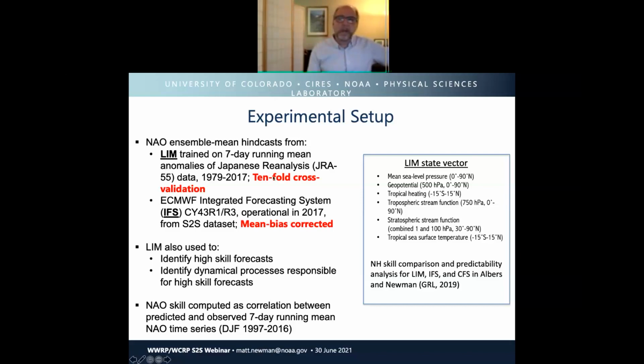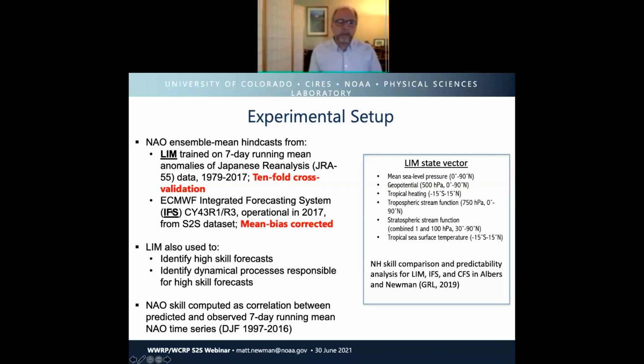So we're always trying to do a forecast using an operator computed on a different part of the record, the other 90%, and we just cycle through. This is the LIM state vector. I won't go into the skill of this. Like I said, there's a previous paper where we looked at the comparison of the LIM skill and the LIM predictability estimates, both to itself, to the IFS and the CFS.